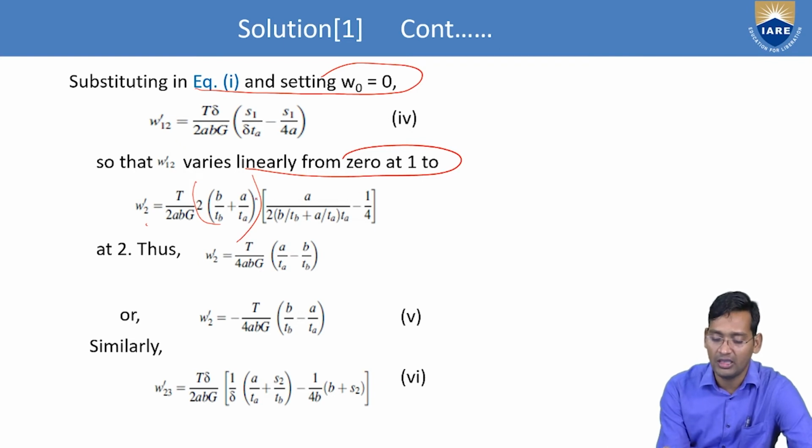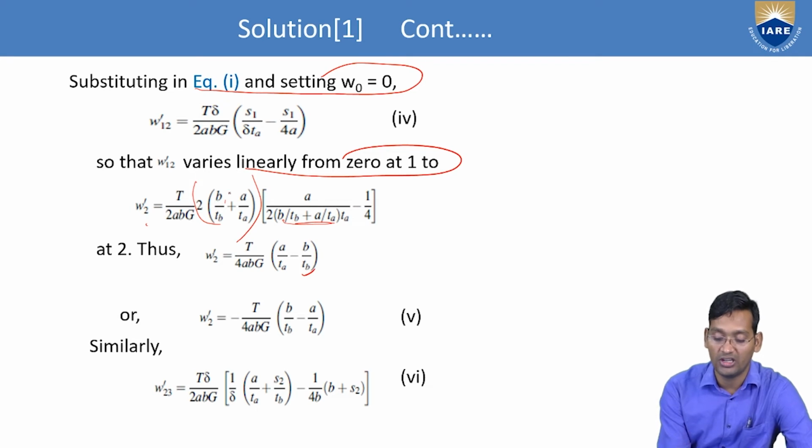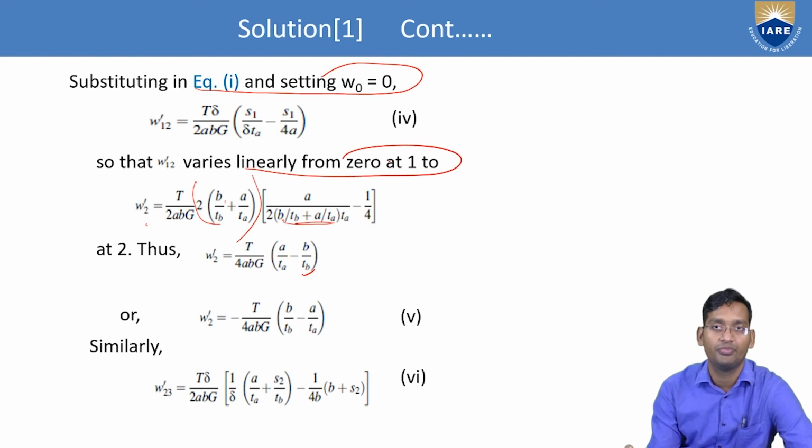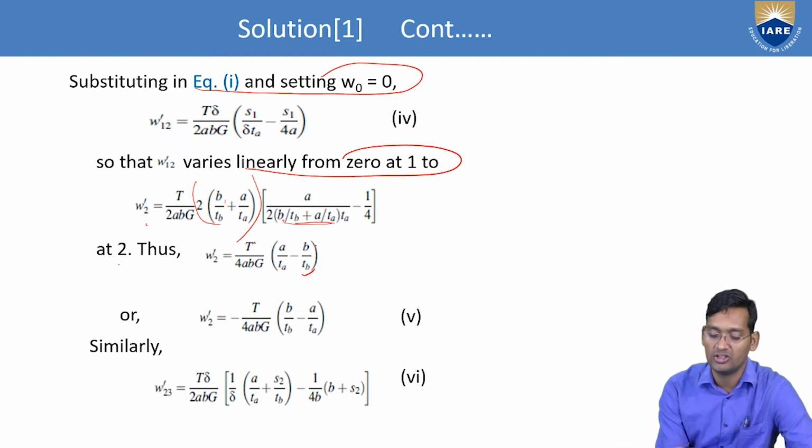After further simplifying, this plus term will get cancelled and you are subtracting this term, so that minus term will be there. In the previous case there was a minus term here, so that minus term got cancelled and we got plus. This time we will get minus. So here this plus will get cancelled and we will get minus: A by TB minus B by TB at 2.